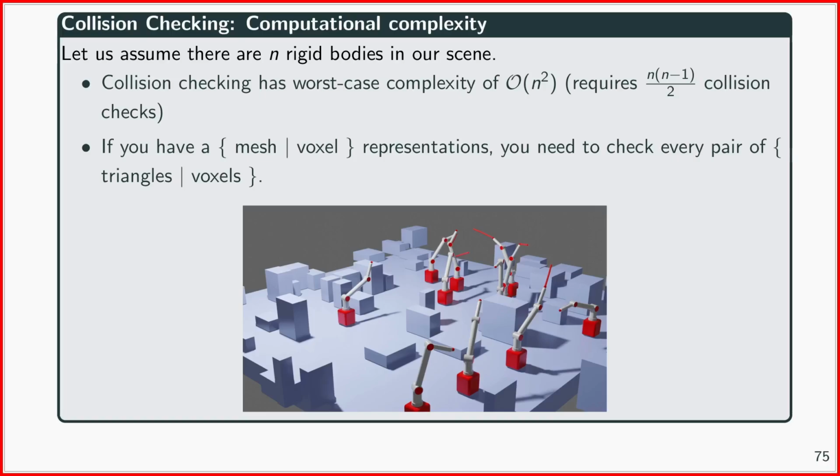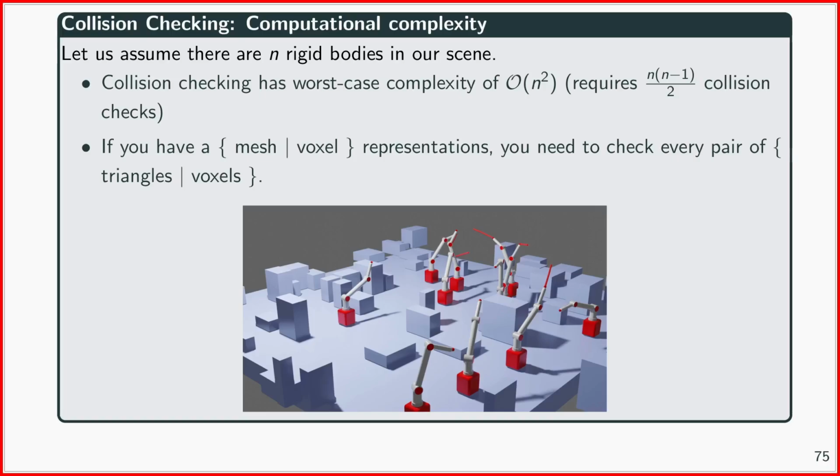Right, so what about computational complexity? So let's assume that we have n rigid bodies in our scene, and then collision checking would actually have a worst case complexity of O(n) squared, because it requires collision checks between all pairs which are possible between objects.